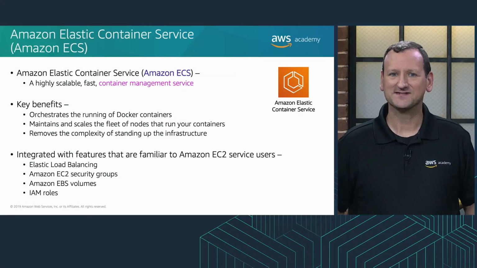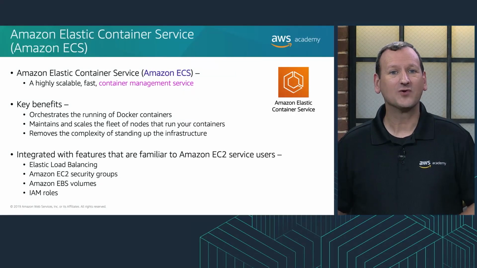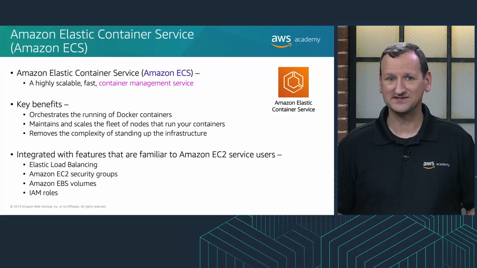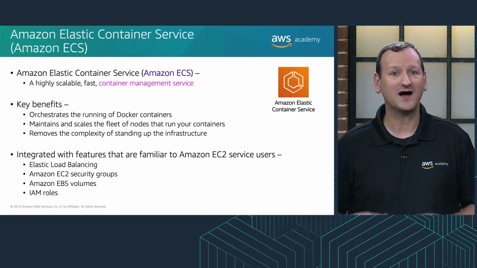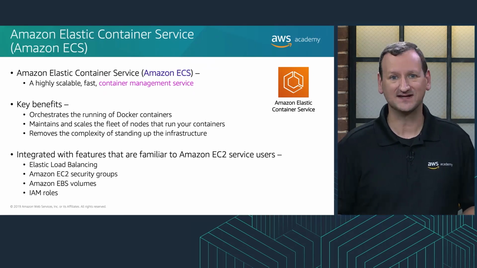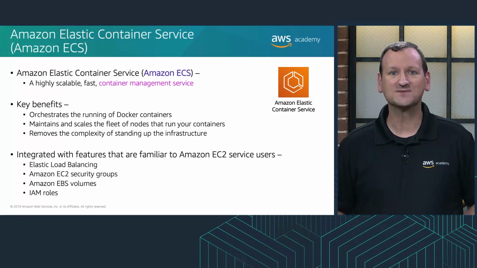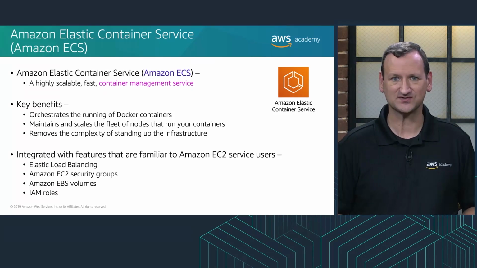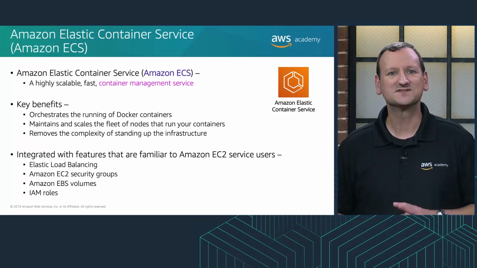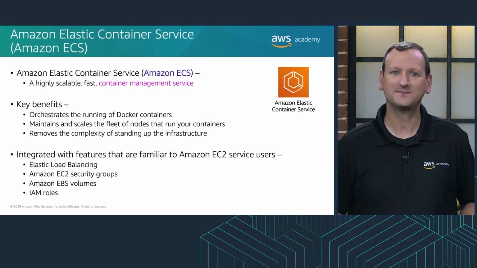Given what you now know about containers, you could launch one or more Amazon EC2 instances, install Docker on each instance, and manage and run the Docker containers on those Amazon EC2 instances yourself. While that's an option, AWS provides a service called Amazon Elastic Container Service, or Amazon ECS, that simplifies container management.